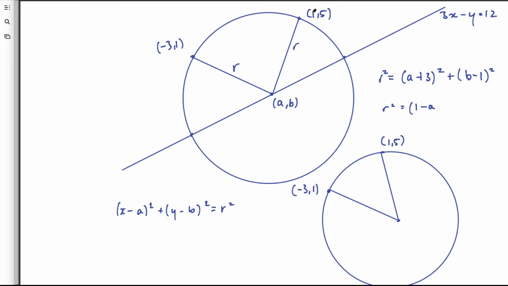So I'm just wondering, does it matter if I do 1 take A or A take 1?